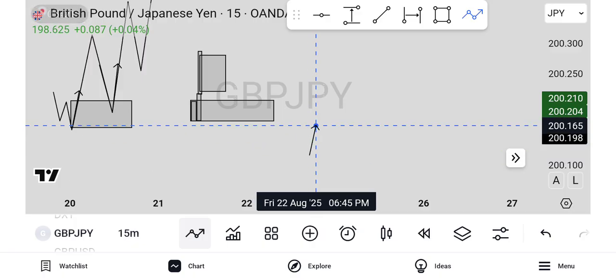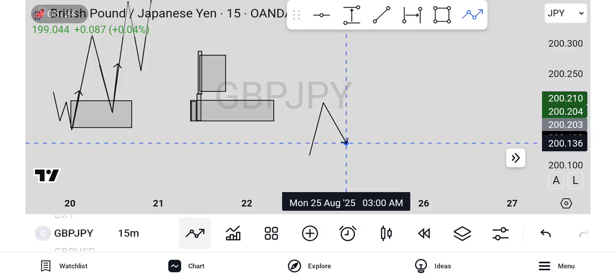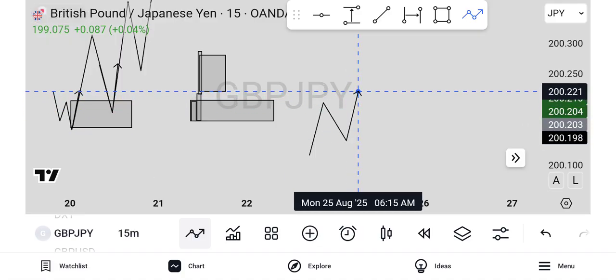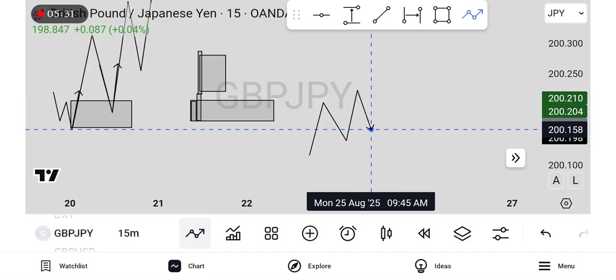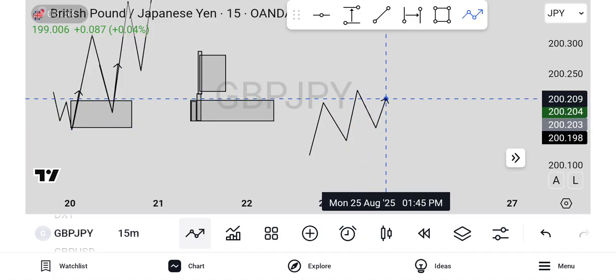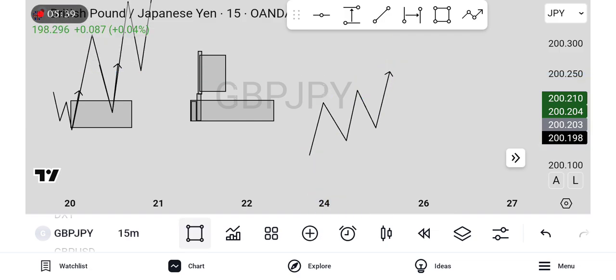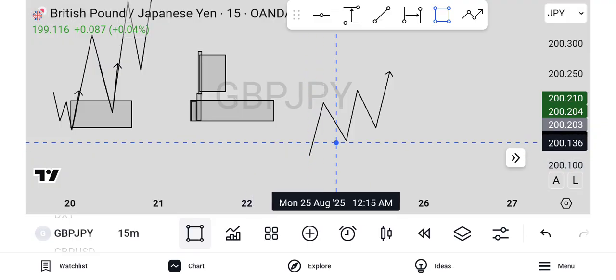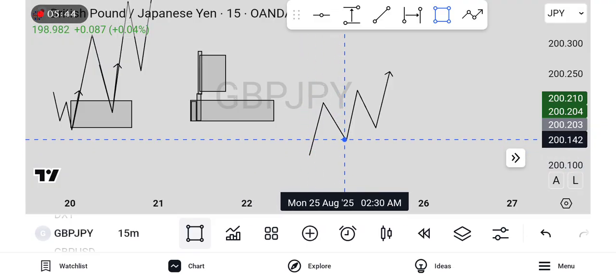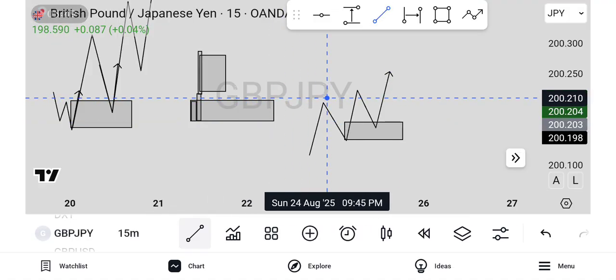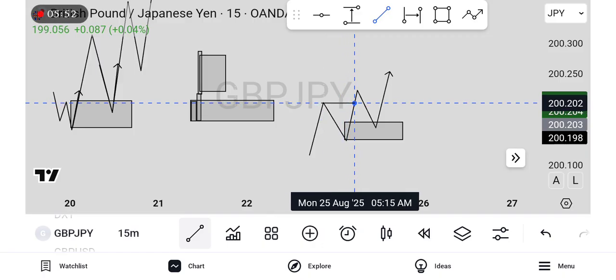In an uptrend now, the market is making higher highs and higher lows. For example, higher highs, higher lows, higher high. Now, this order block here that broke this structure, this order block that broke this structure.